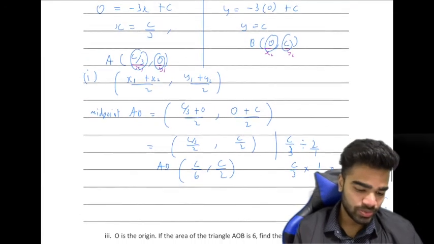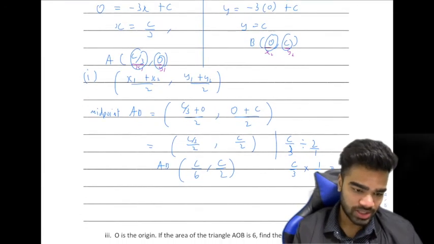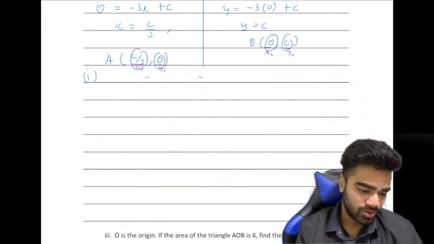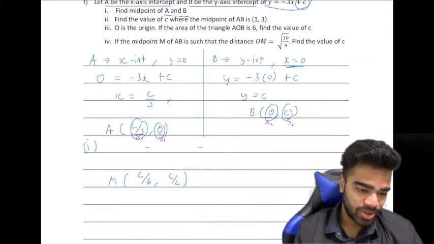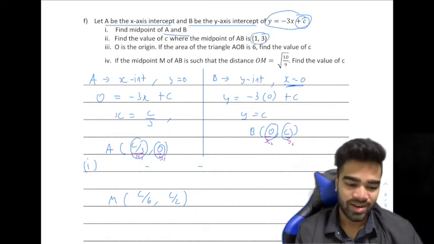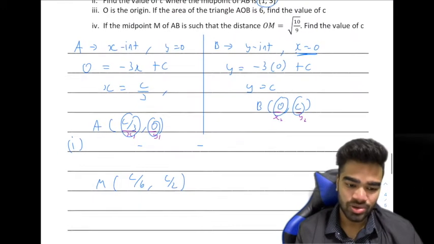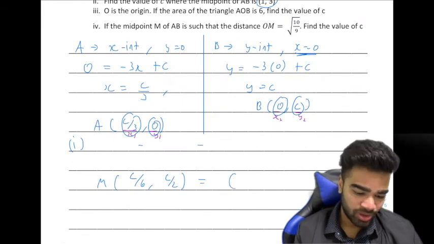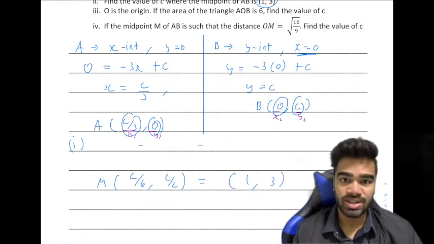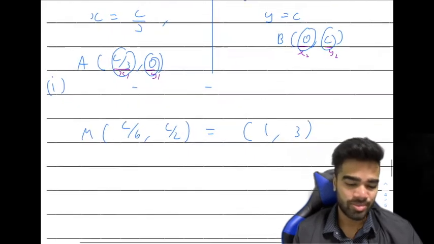So part 2, keep in mind c on 6 and c on 2. Part 2 is saying that the midpoint of AB, which we got over here, c on 6 and c on 2, is 1 and 3. Find the value of c where this midpoint is equal to 1 and 3. It's very similar to the questions we did in the first lesson of this chapter, where I gave you the practice questions.